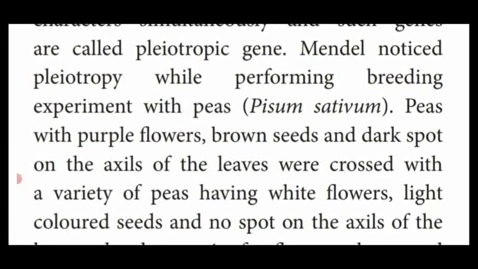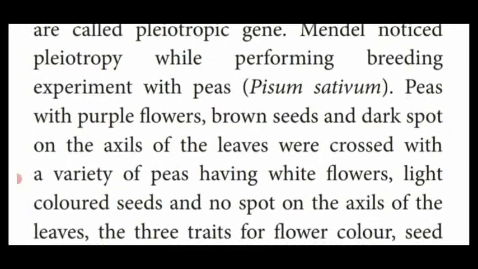Mendel noticed different characters in a pea plant, Pisum sativum. Peas with violet color flowers, brown seeds, and leaves with a dark spot in the axil region are crossed with peas with white color flowers, light colored seeds, and no spots on the axil of the leaves.